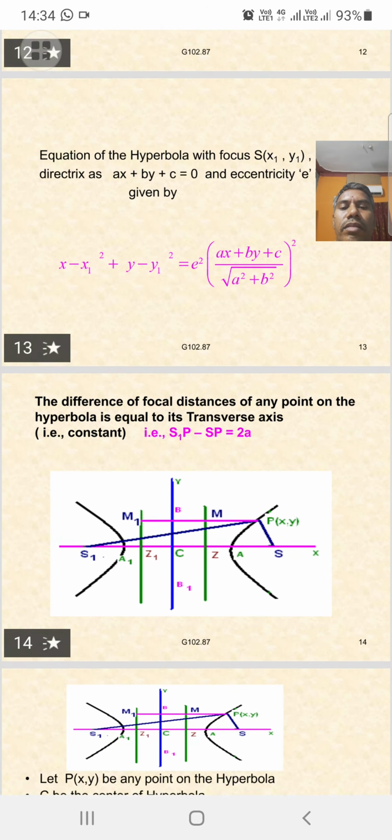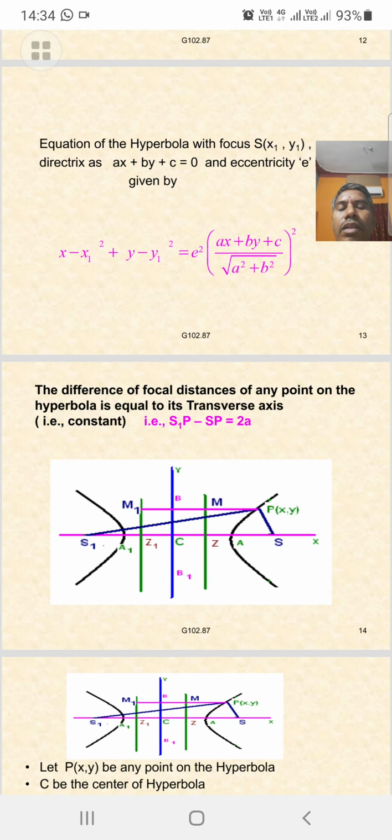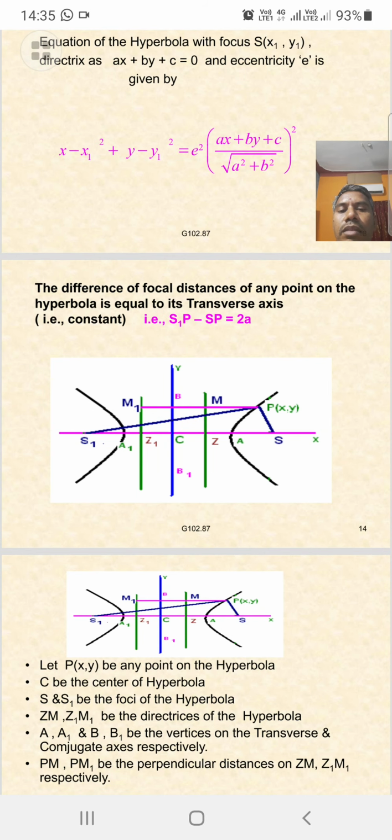And the focal distances: the difference is equal to the transverse axis. SP and S1P are the focal distances, also called focal lengths.